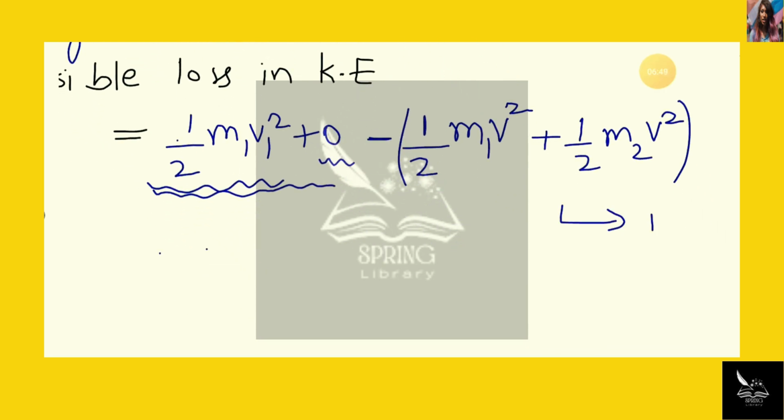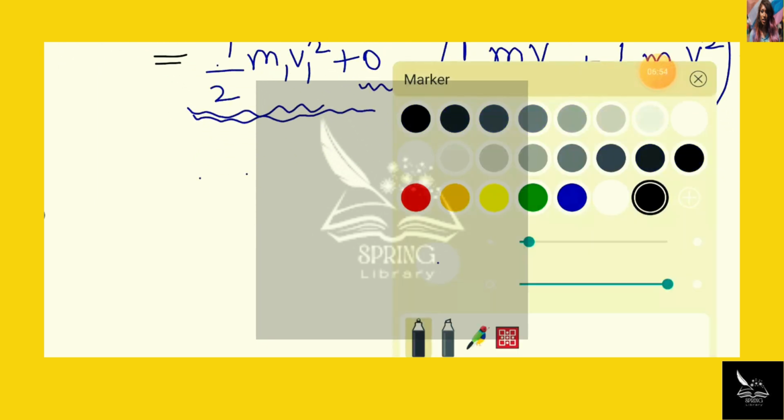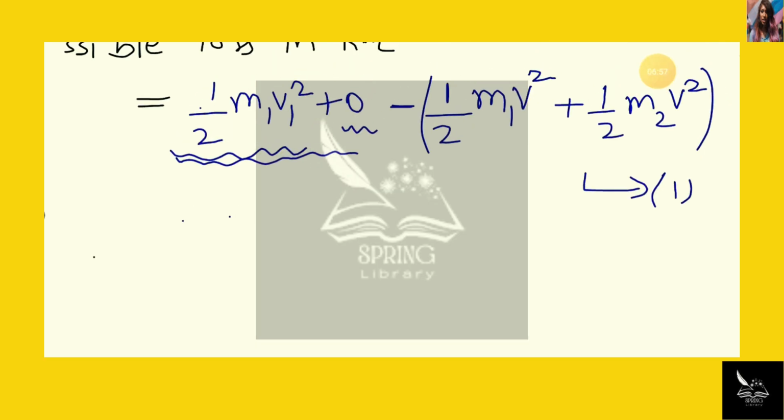Now the next step is applying the law of conservation of linear momentum to find the final velocity v, and substituting this value in equation number 1.